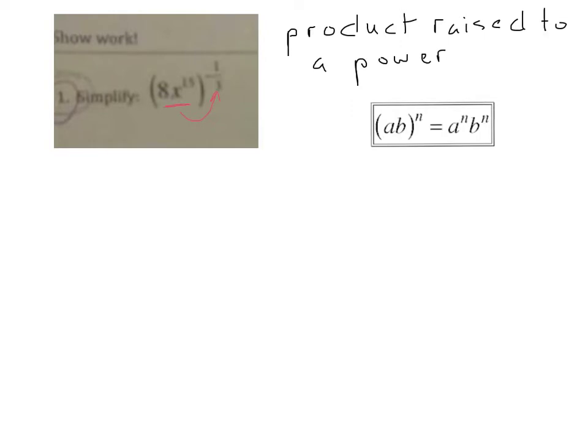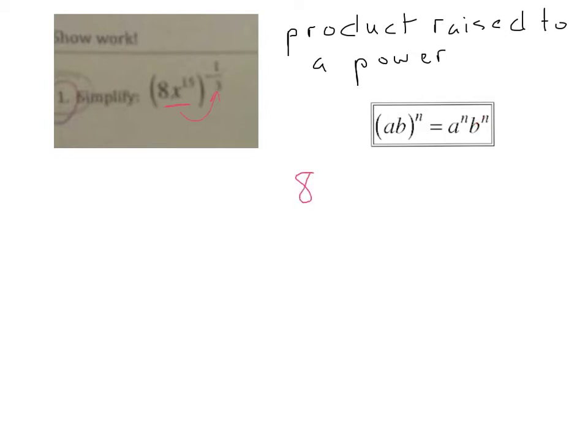So this shows what happens when we take a product, which is two numbers multiplied together, and we raise that thing to a power. Basically, we take the first term and we raise it to that power, and then we multiply it with the second term also raised to that power. So if we look at the example in front of us, our first term is 8.